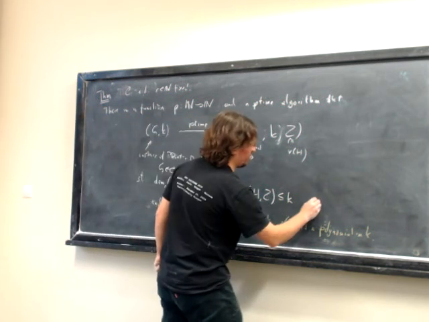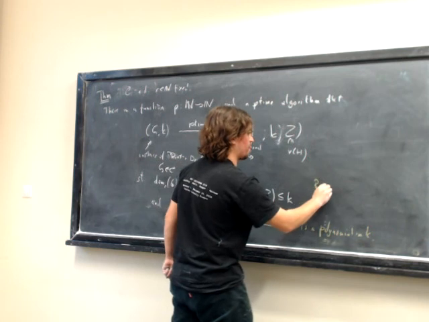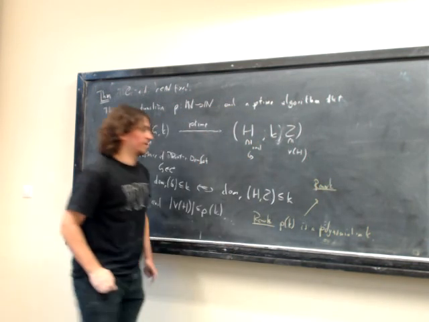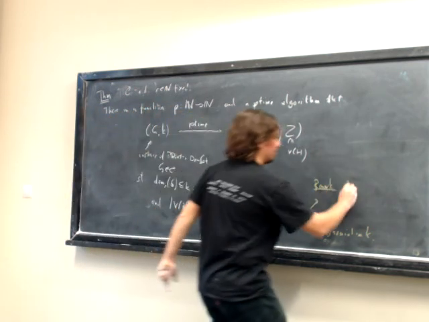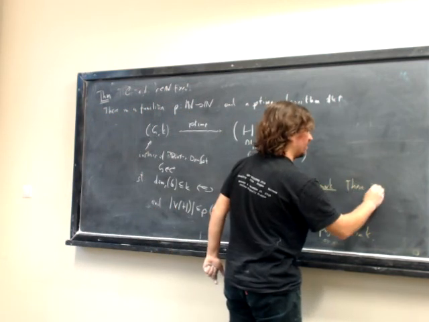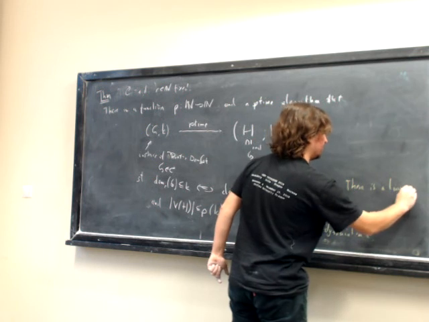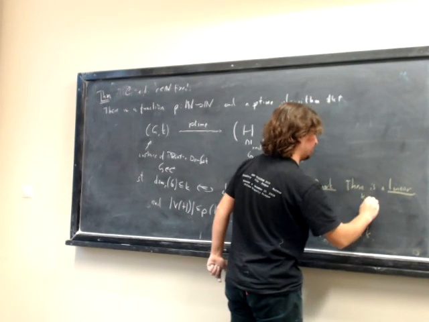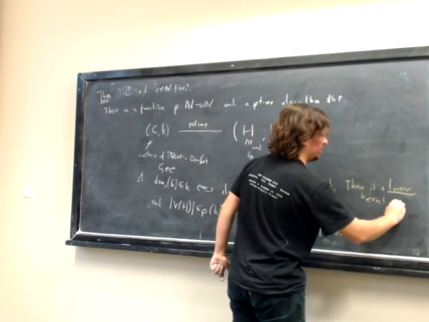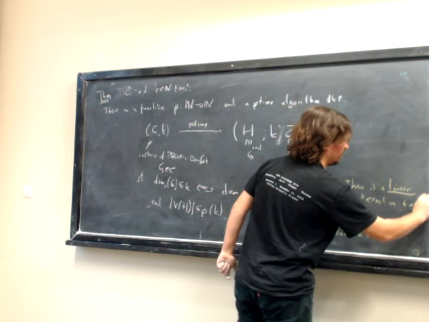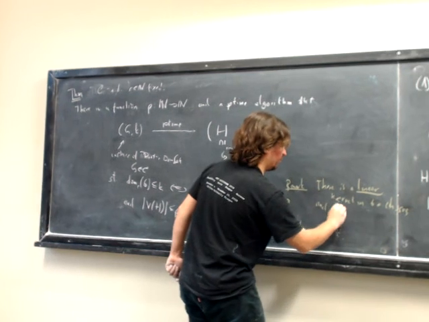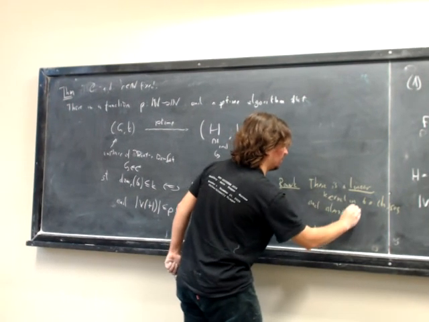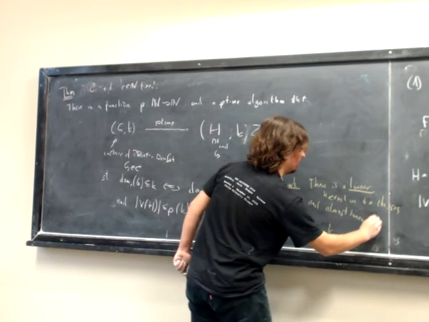And another remark is that you can strengthen this theorem. So there is a linear kernel in bounded expansion classes and almost linear in lower dense classes.